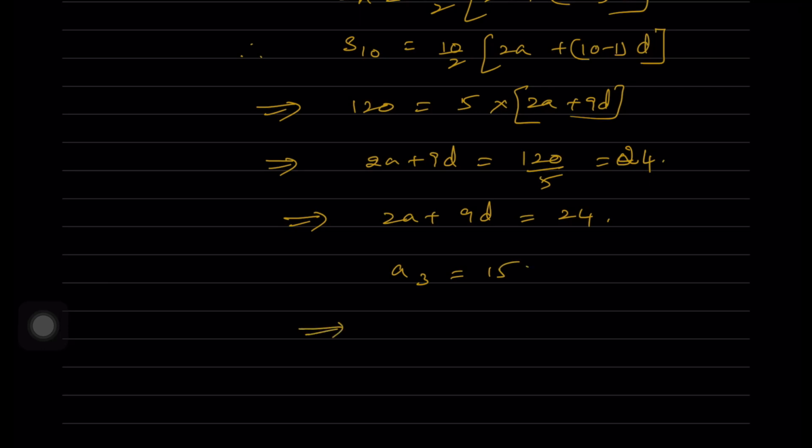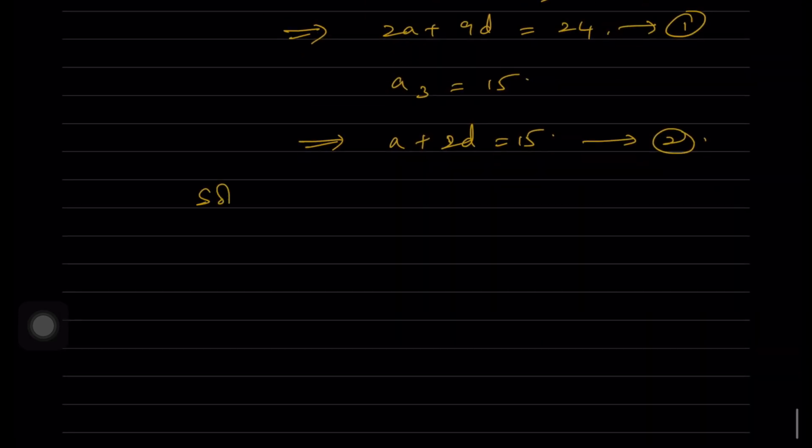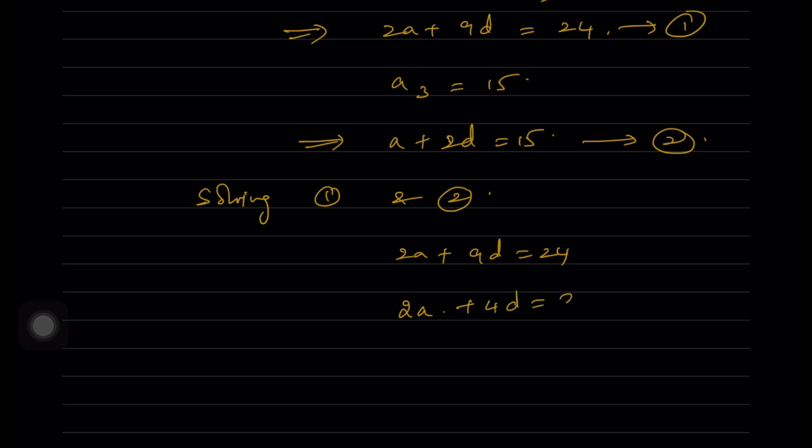This is the first equation which we are having. Now we also have that A3 is equal to 15. So you can write this as a plus 2d is equal to 15, which is the second equation. Therefore solving equation 1 and equation 2, we have 2a plus 9d is equal to 24 and a plus 2d is equal to 15. So we can multiply this equation with 2. So you get 2a plus 4d is equal to 30.